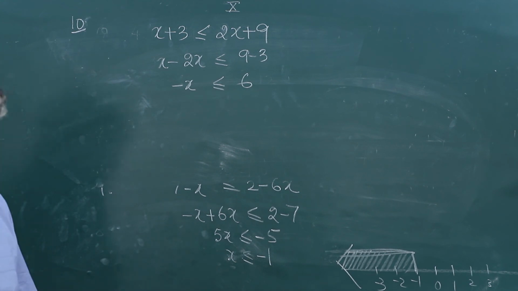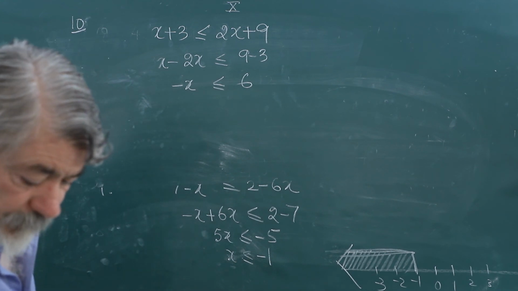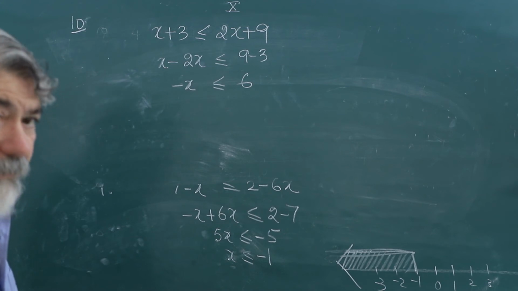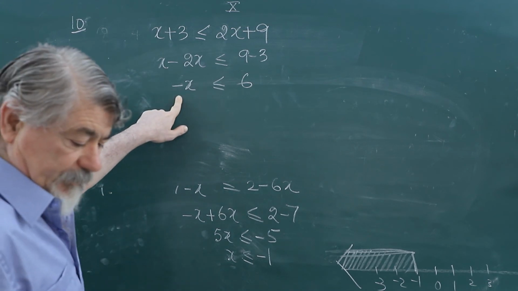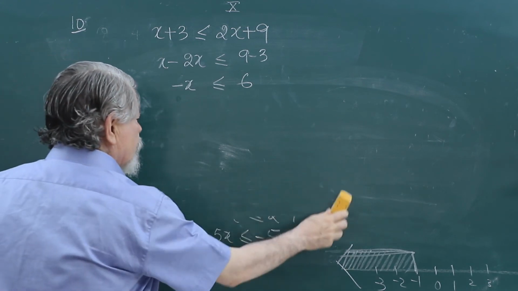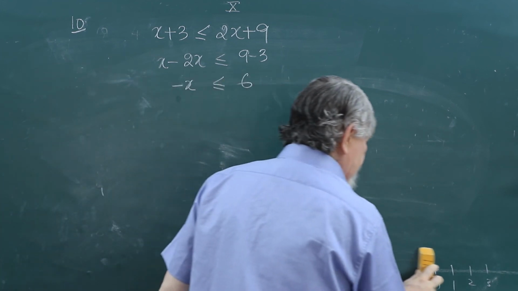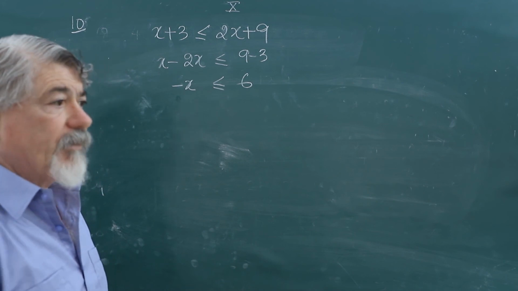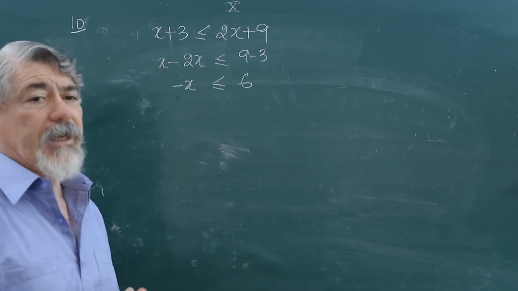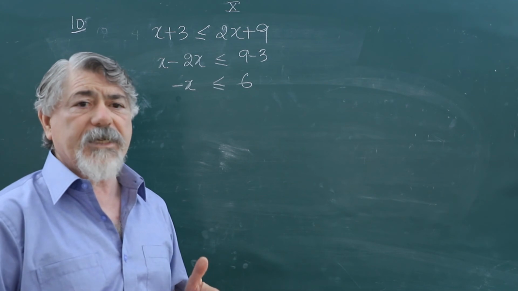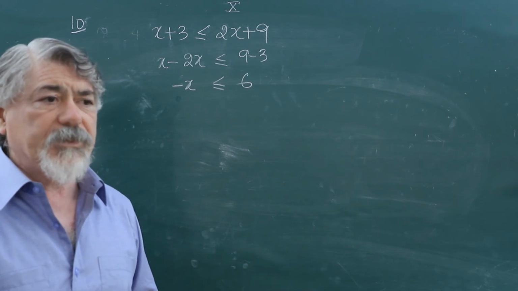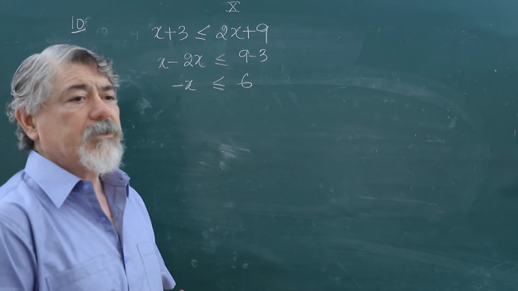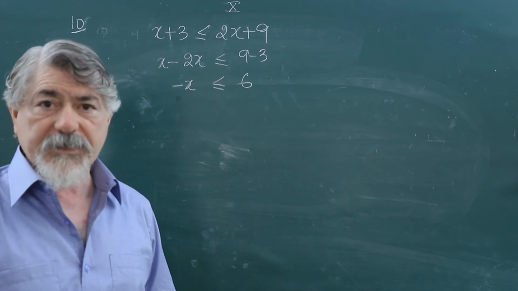Now I need to have x positive, not negative. Here x is negative, so I need to change the sign. That means I need to multiply by negative 1. When we multiply both sides of the inequation by a negative number, the sign of inequality reverses itself.